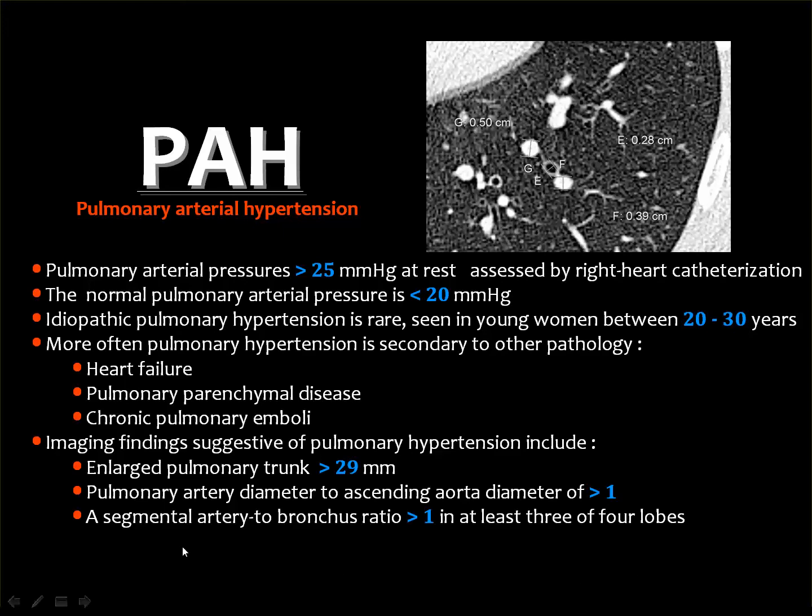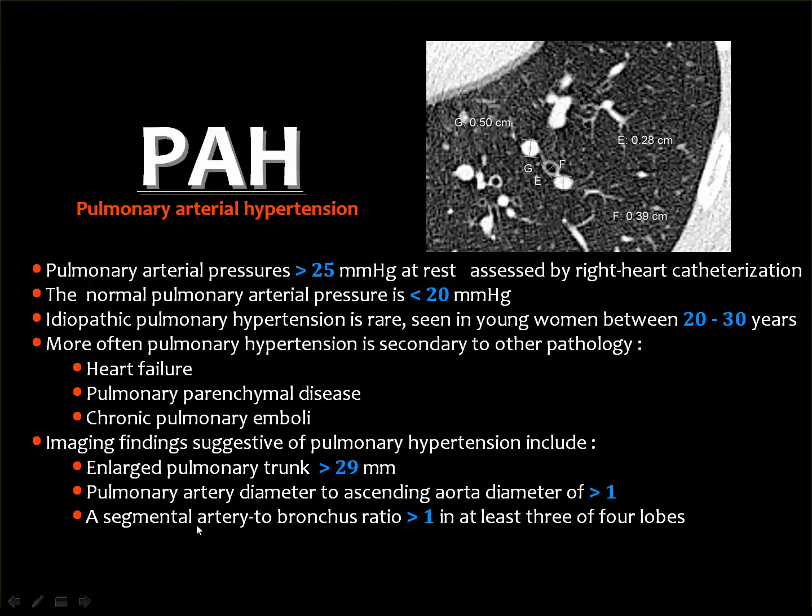Then in patients with pulmonary arterial hypertension, you can see that the pulmonary artery trunk is enlarged with a diameter more than 29 millimeters. The pulmonary artery diameter divided by the diameter of the ascending aorta is more than 1.